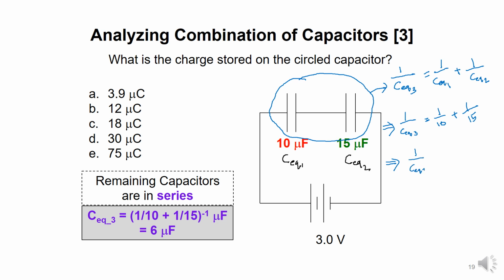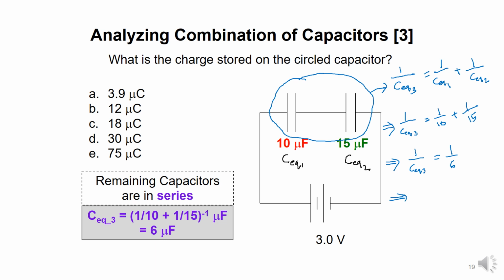All right, so we plugged in the numbers. Now let's solve. Okay, so you can use a calculator here, do 1 over 10 plus 1 over 15, you'll end up with 1/6.